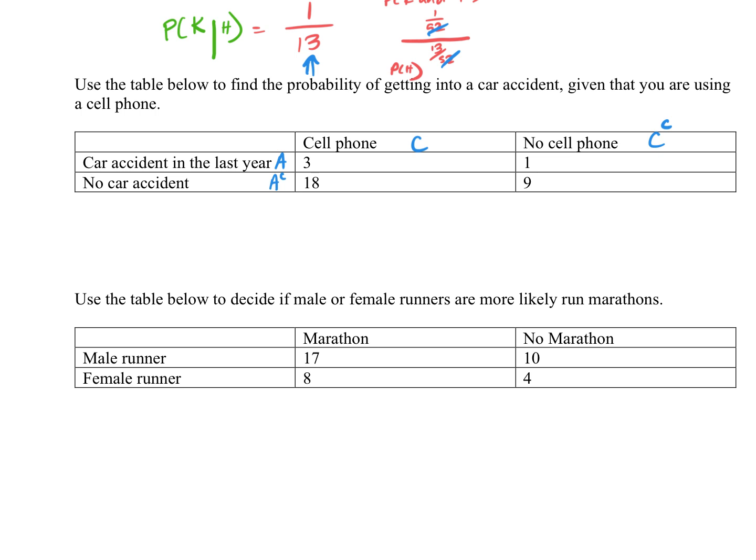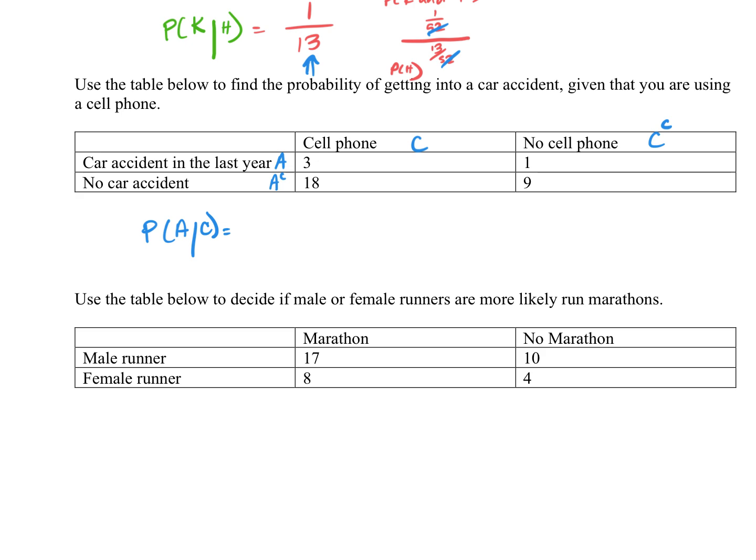Okay? All right. So the question becomes, find the probability of getting into a car accident given that you are using a cell phone. So, you've got a two-way table here, right? Though this two-way table is a little bit different than the previous one because what's not here that was there before?